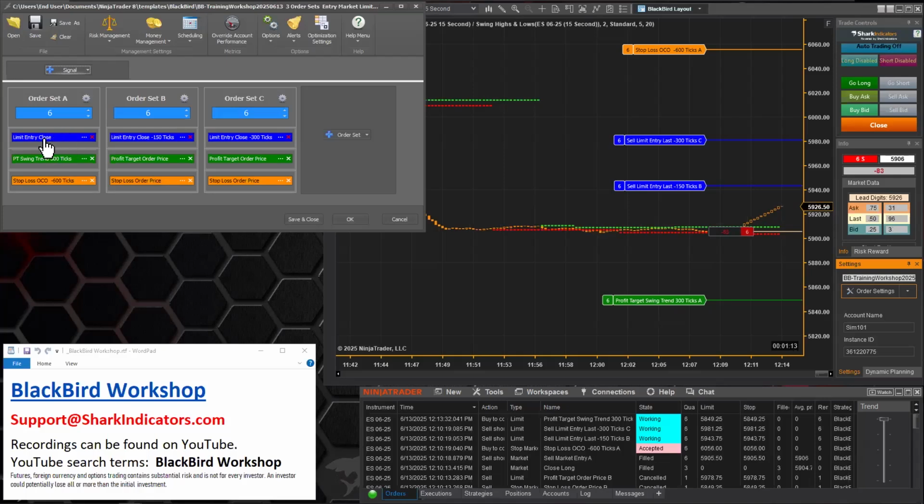So that means that NinjaTrader is looking at the closing price of the bar at the same time for all of these entry orders, right, for all of these order sets here. Yeah. So that's why setting this to a bar price does get our scale-in entry orders, that offset price, does get them all synchronized, to exactly those values there.